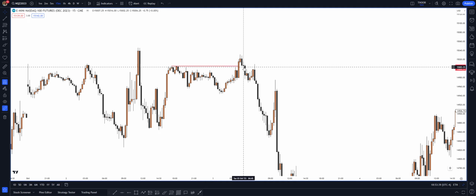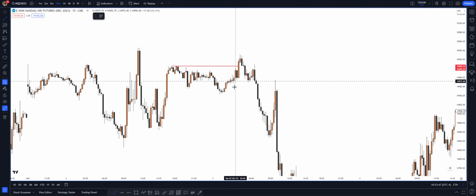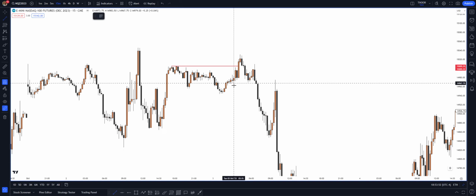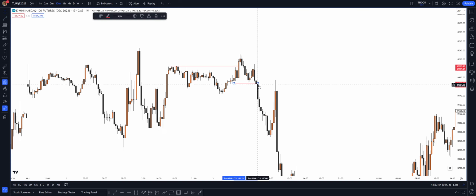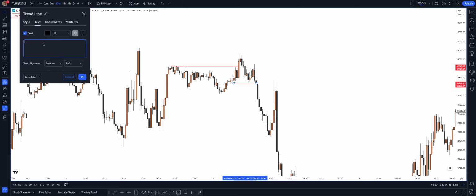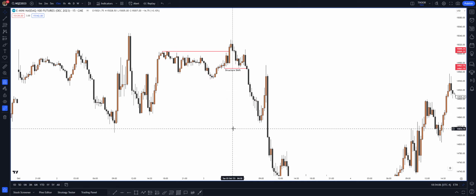And then this fair value gap fails, and after all, it breaks down lower, breaks the structure, right? You can put it here, or let's just use this point here. So it breaks the structure. Let's put a structure shift. And then it keeps breaking lower and lower and lower.